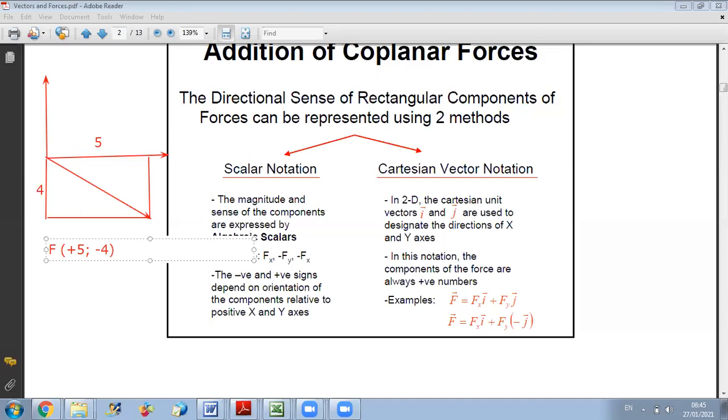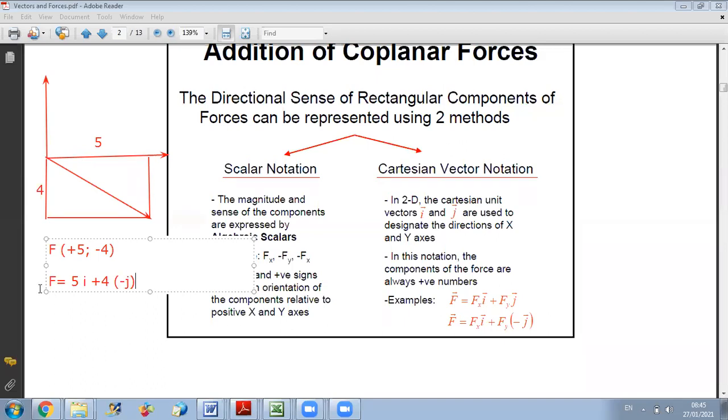Now, if you want to represent the vector using the Cartesian vector notation, you will write that F as a vector is equal to 5 vector i plus 4 times minus j.